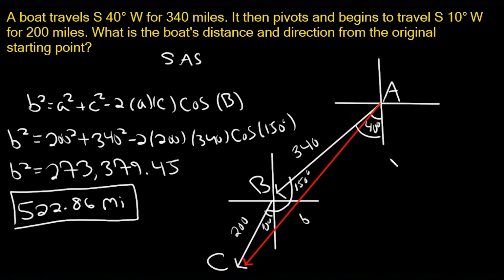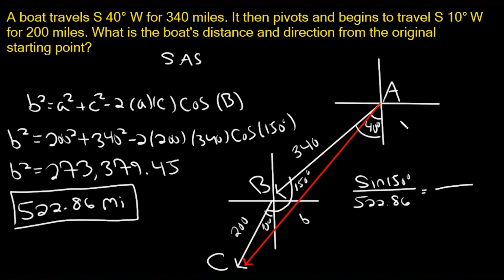So we're going to do the law of sines here, and I have a sine ratio. I can do sine of 150 degrees over the opposite side length, which is 522.86, equal to what we're trying to find.